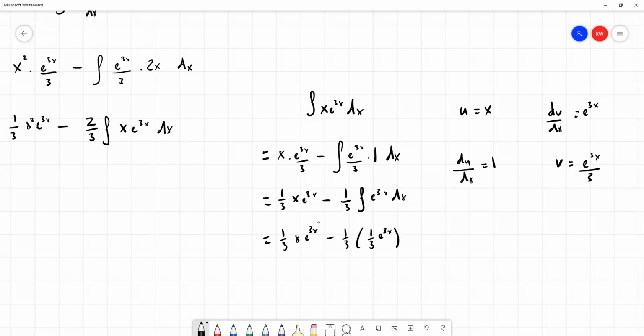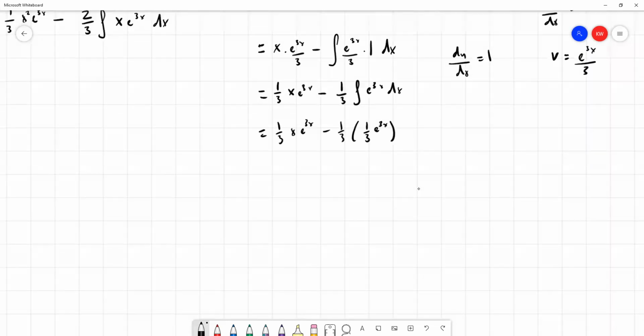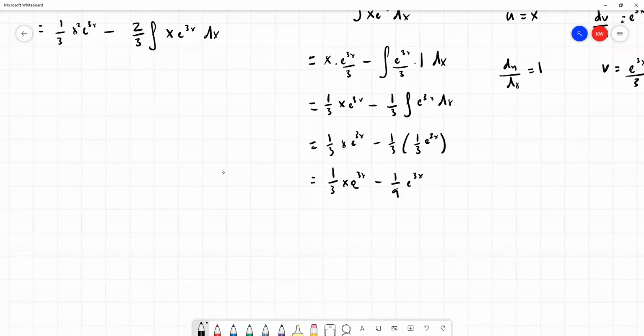That's e to the 3x over 3 that we've encountered twice already. And that's the thing about the e power function. It's going to come back to itself again and again. So finally, we can write it out as 1/3 x e to the 3x minus 1/9 e to the 3x.